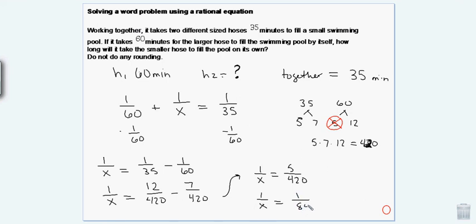So that will give me 84. So x is equal to 84 minutes. And that is using proportions to solve various problem types.